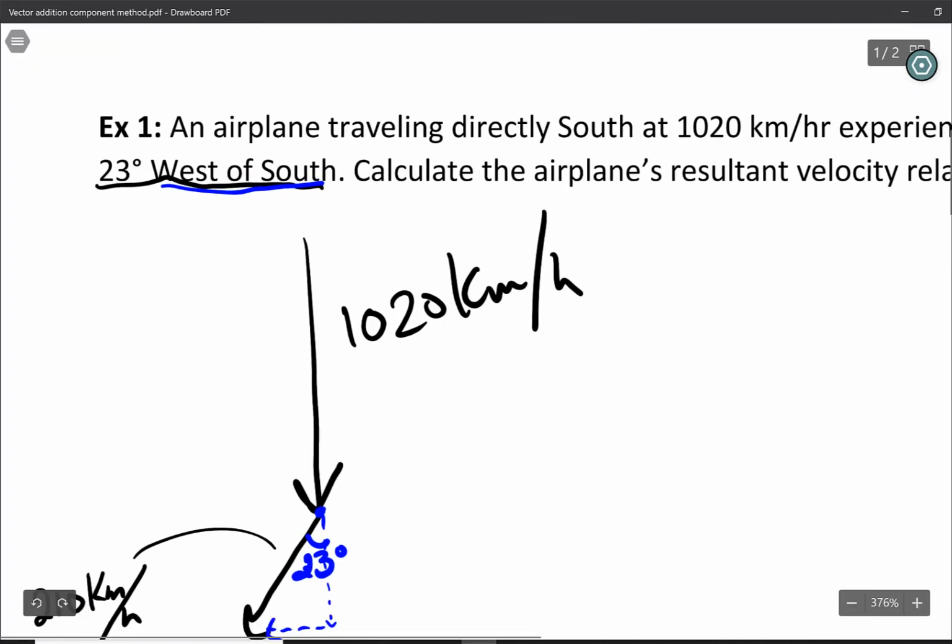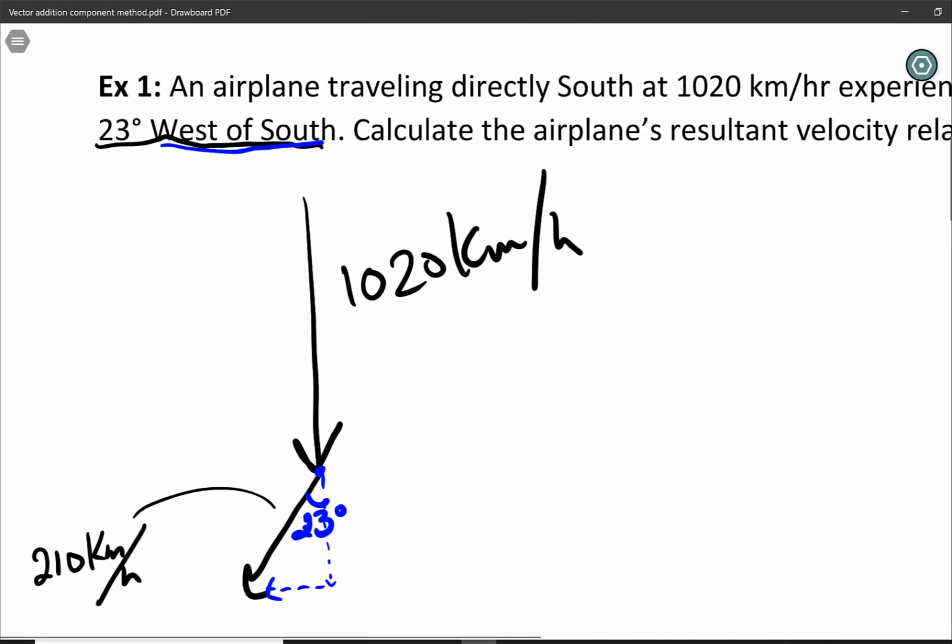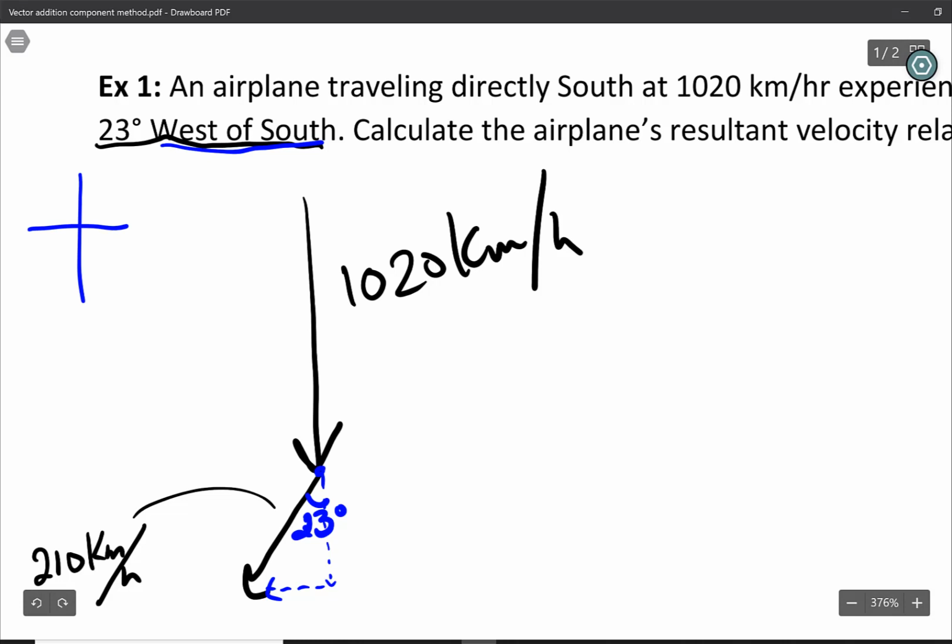What I mean by determining which directions are positive is that when we deal with 2D vectors, we have the x and y axes, and in our case, we only need to deal with the south direction, and we need to deal with the west direction here. So only these two.